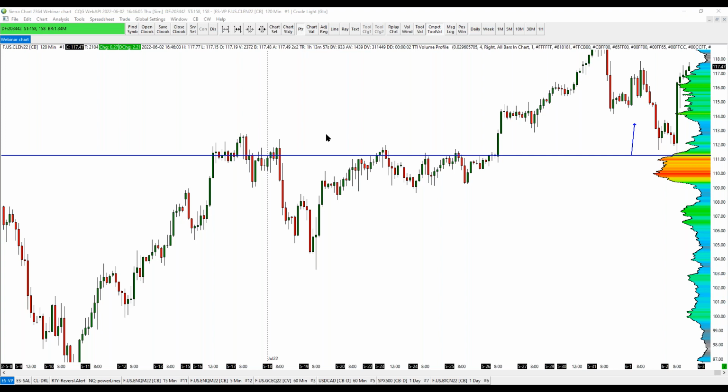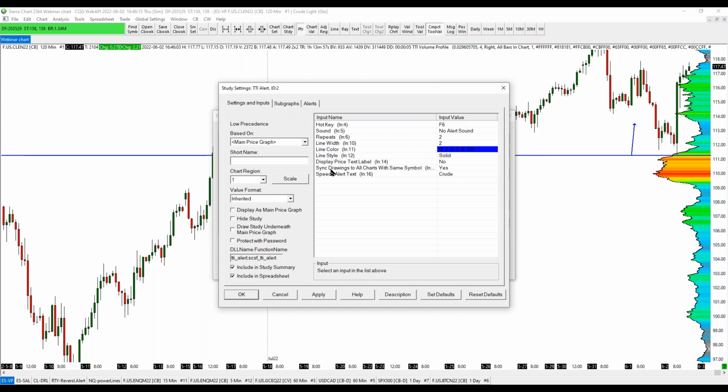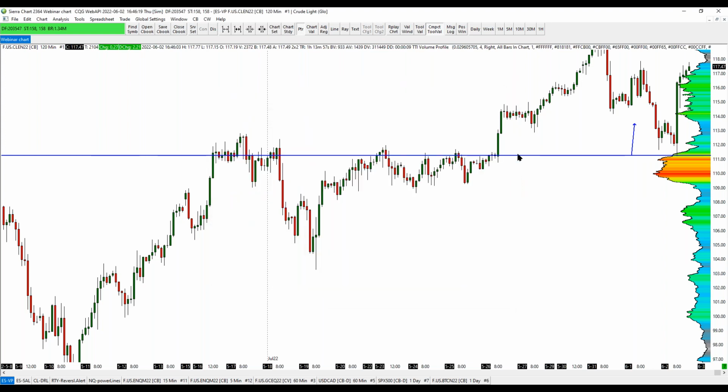Let's say you have it all in one group. Once you put a line on one chart, it will copy to all charts, right? It syncs to all charts. So all the ES charts will be synced with the same price, with the same level, and it will give you an audio. All right.